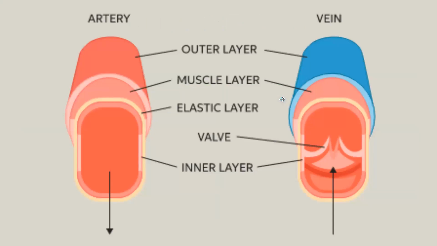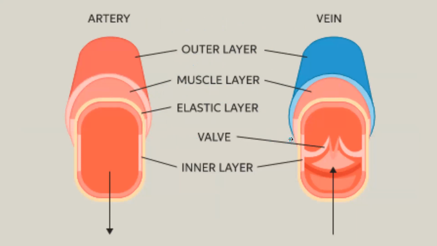So this is actually one of the layers of the artery and the vein, which consists of the outer layer, muscle layer, and the elastic layer. These three layers are known as the tunica externa, the tunica media or the muscle layer, and the tunica interna.